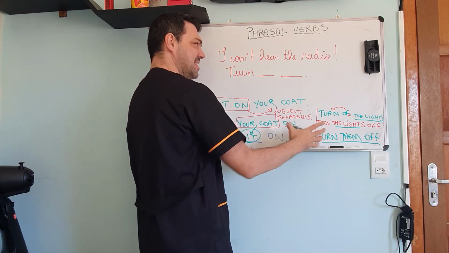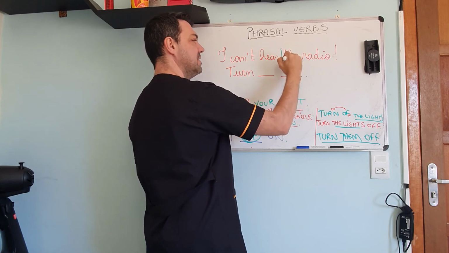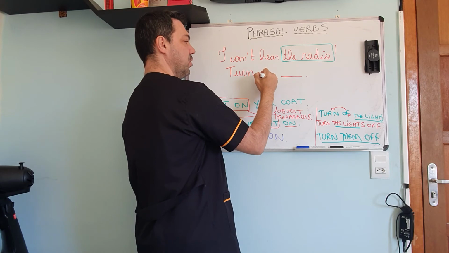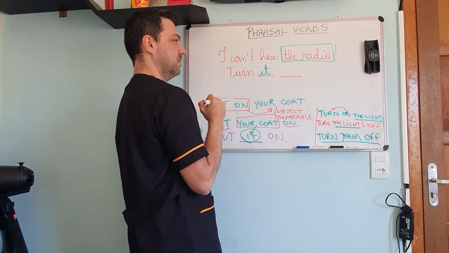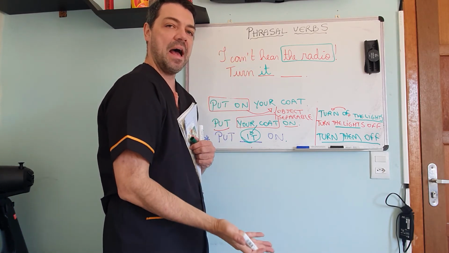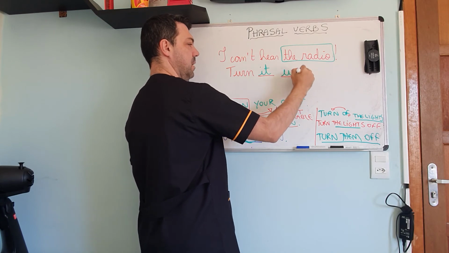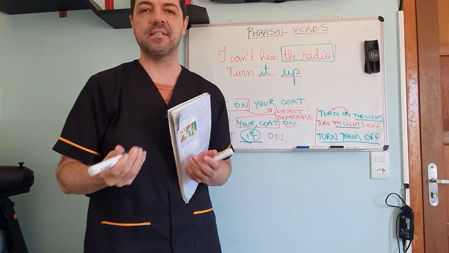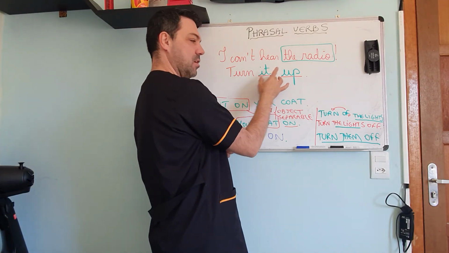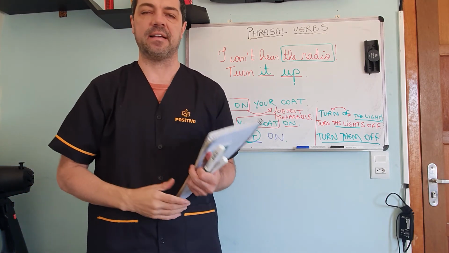I don't even need these options, because I could say, I can't hear the radio. The radio is a singular noun. So it's one thing, so you need it. And if you can't hear the radio, it means that it's too low. I need to increase the volume. So, turn it up. That will be the exercise done. And in the same way, what you have to guess is if it's it or them, and the correct preposition to put in the exercise.